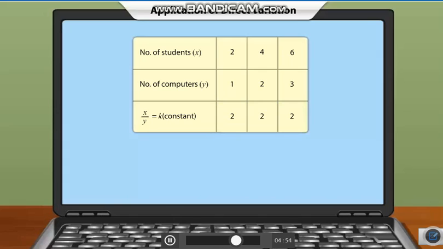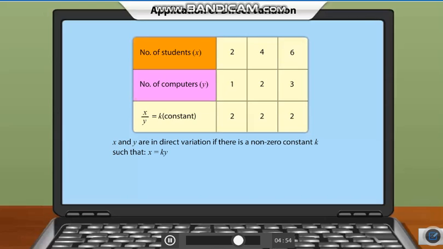Therefore, for 2 given quantities, in this case number of students x and number of computers y, x and y are in direct variation if there is a non-zero constant k, such that x is equal to k times y. The relationship is denoted as x is proportional to y.